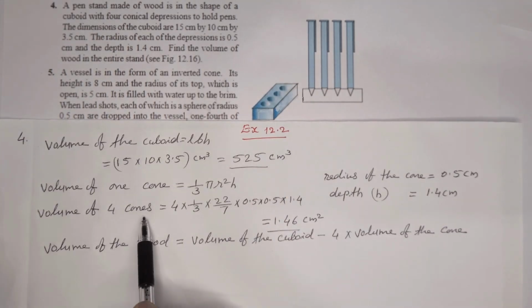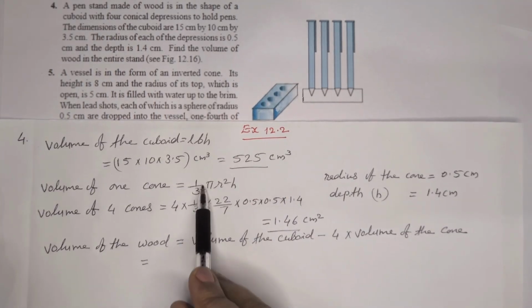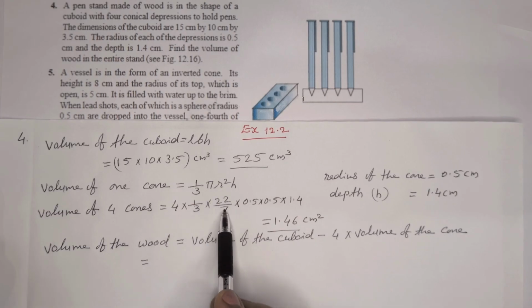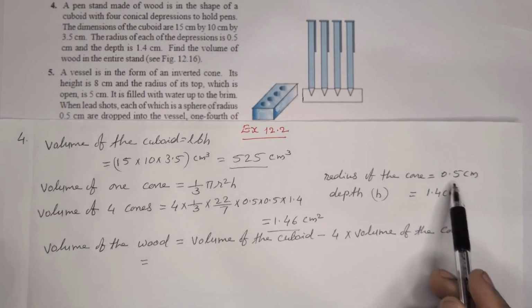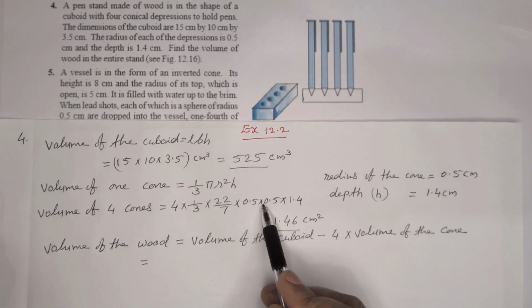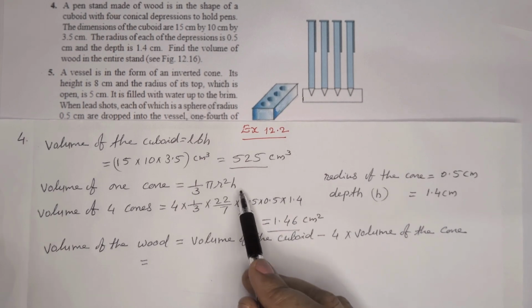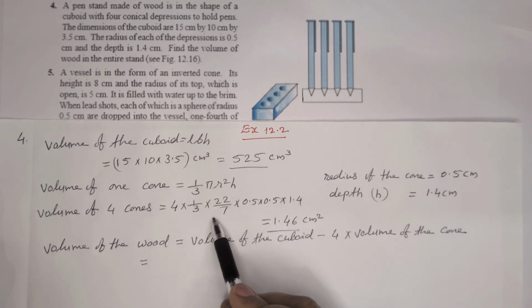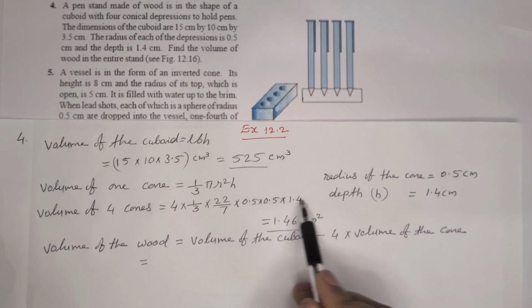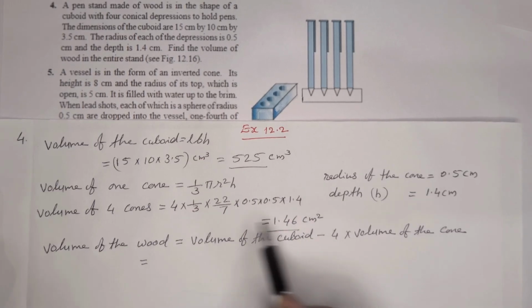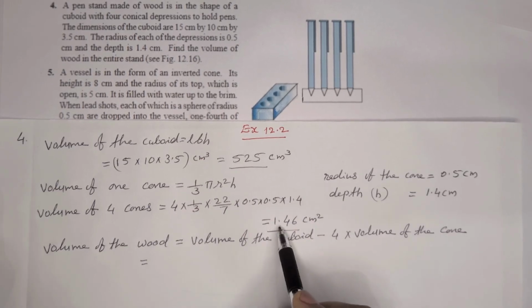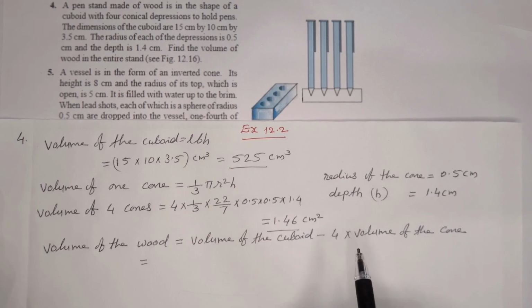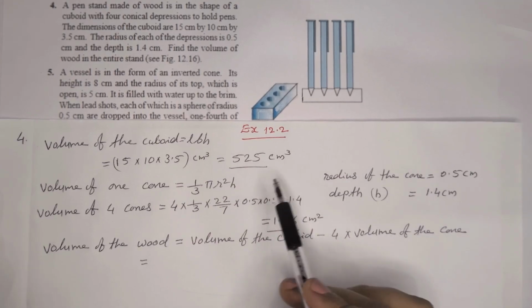So the volume of 4 cones is 4 into 1 by 3 into 22 by 7 into 0.5 into 0.5 into height 1.4. Here we can simplify 7 and 1.4, and after multiplying and dividing by 3, we will get 1.46 centimeter cube. That is the volume of 4 cones.